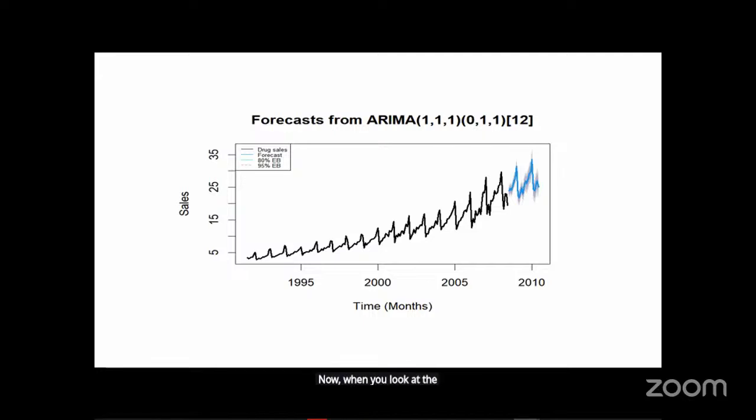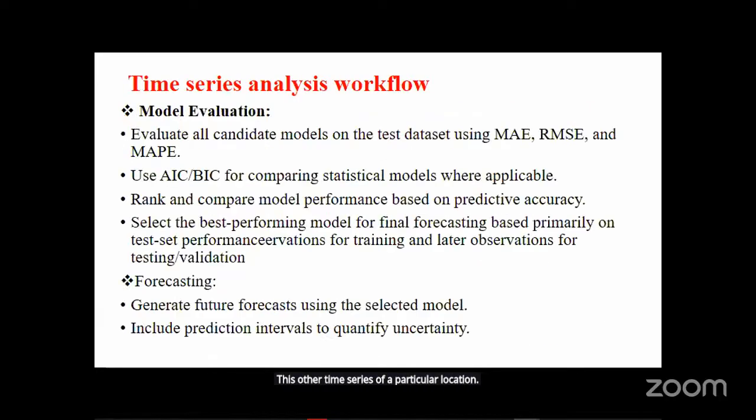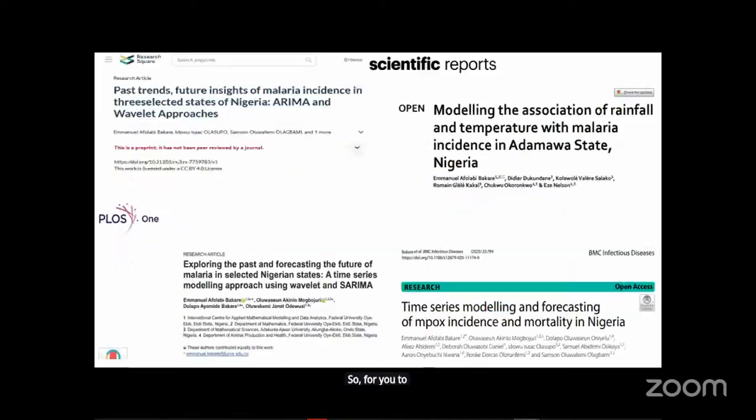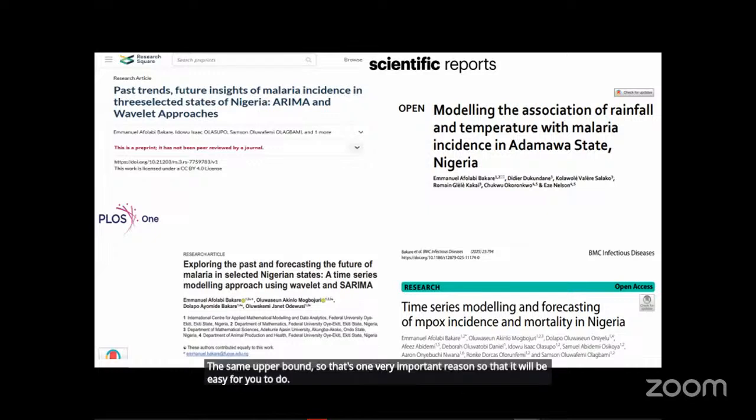The least value for this particular time series may not be the least value for the other time series of another location. So you put them at the same least value and the same upper bound. That's one very important reason, so that it will be easy for you to do comparison.